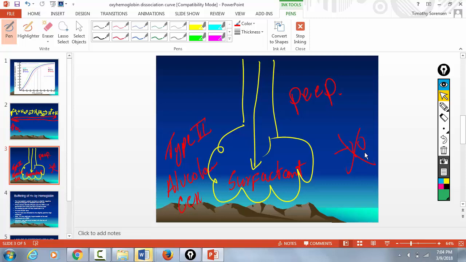What do the alveoli do when you blow the air out? They collapse. You don't want little babies' alveoli collapsing. So as they're breathing out, the machine puts a small amount of positive pressure so that their alveoli don't completely collapse. That's called PEEP.